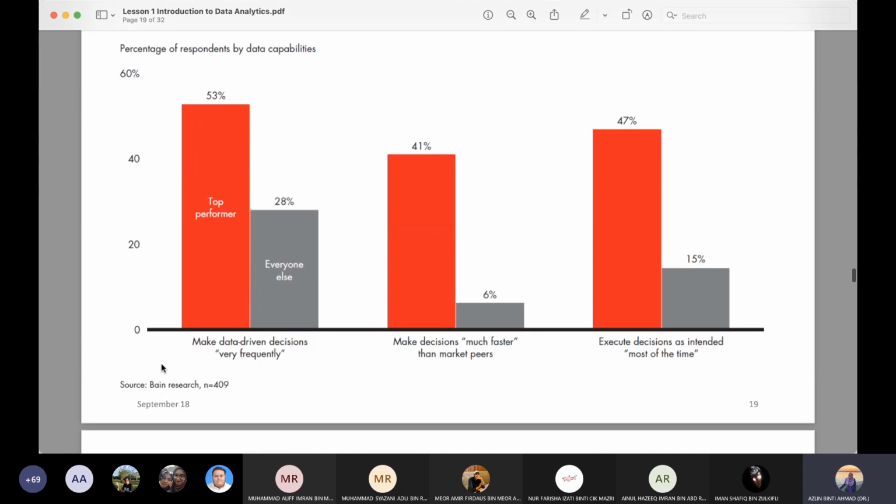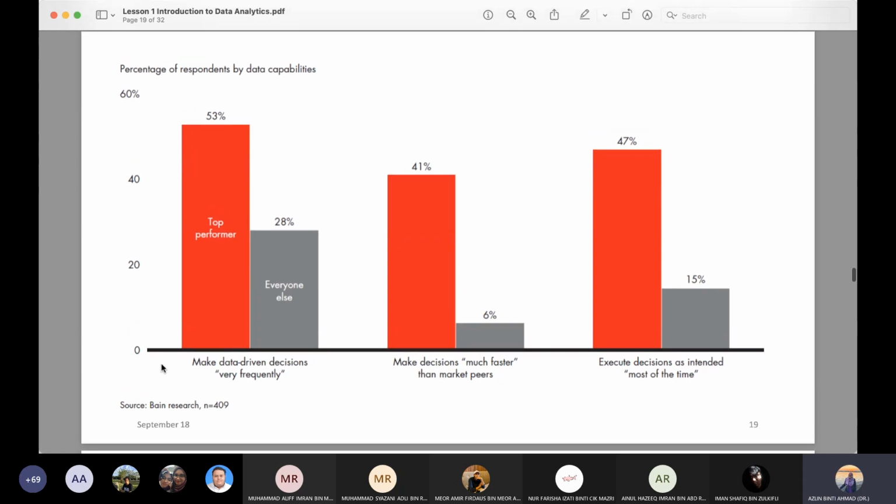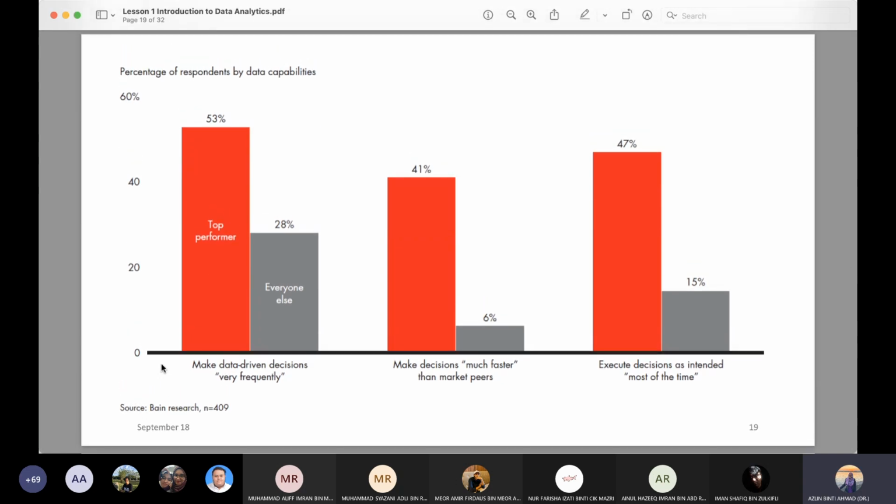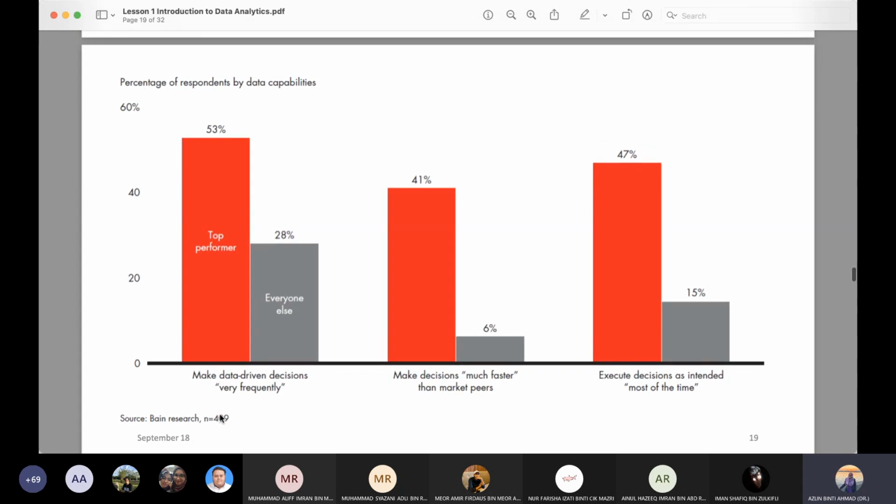Okay, and then we can see here, this is based on the research. The total number of respondents is 409, and we can see 53% use the data-driven decision.